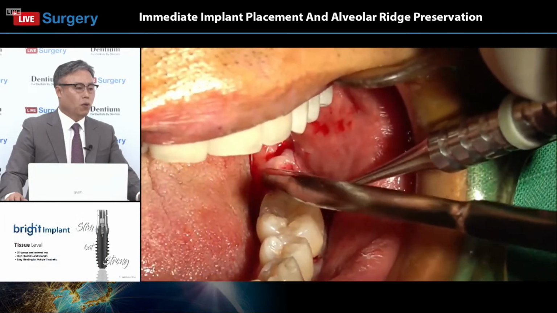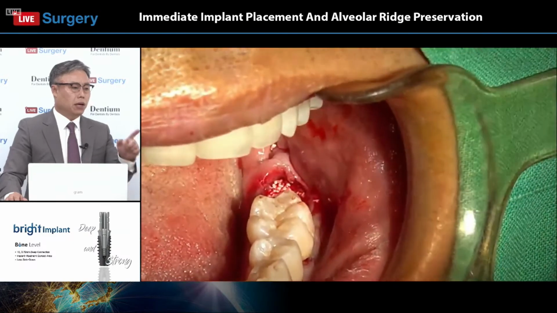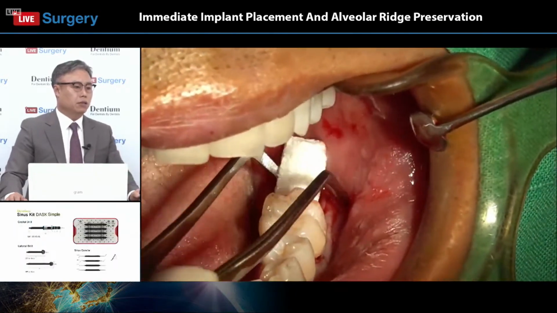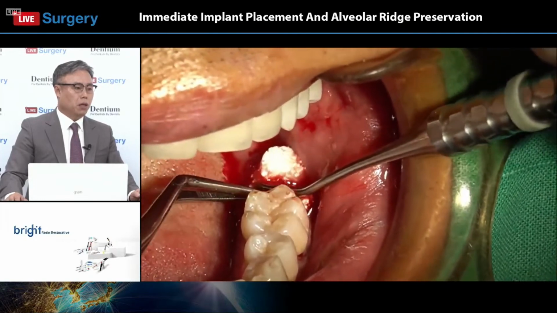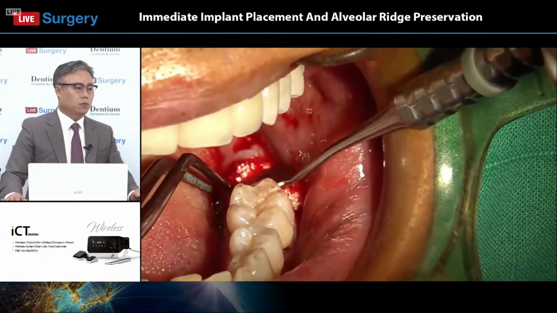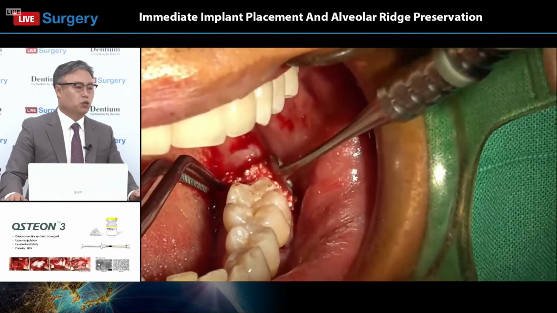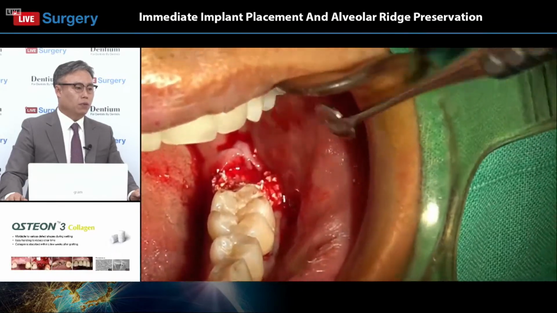And using the bone packer instrument, one side is like a micro mirror and the other side has a shape like a bird's beak. First apply the spoon-shaped instrument and apply the bone graft.